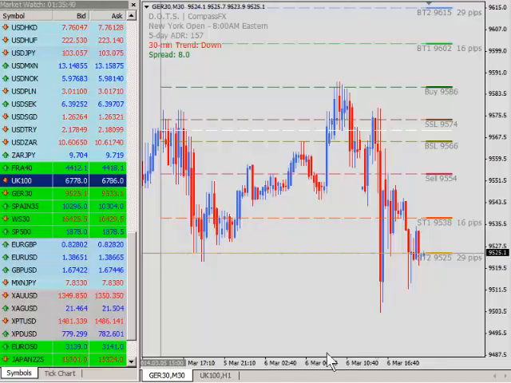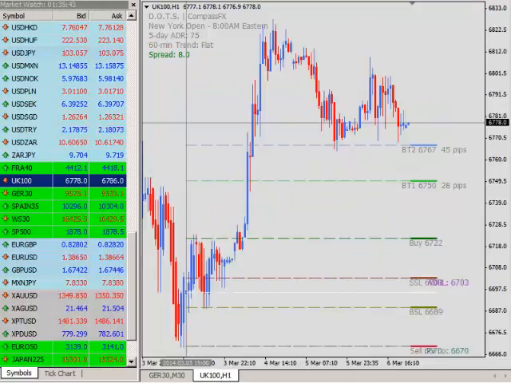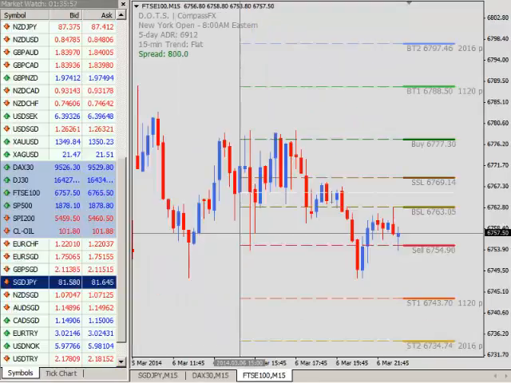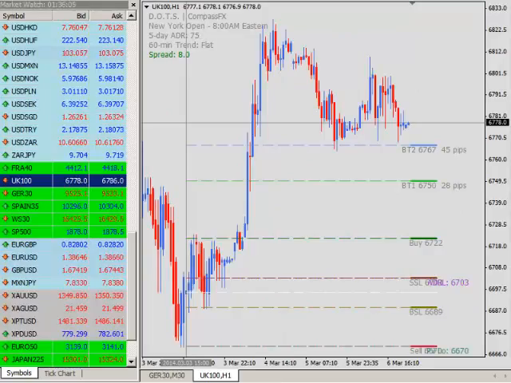And we look at the FTSE, which we just looked at on another platform, and it too has not updated the DOTS levels since March the 3rd. So what's the deal? Why are these DOTS levels not working like we saw on the other platform? The other platform shows up just fine. But this platform over here, it's not working appropriately.